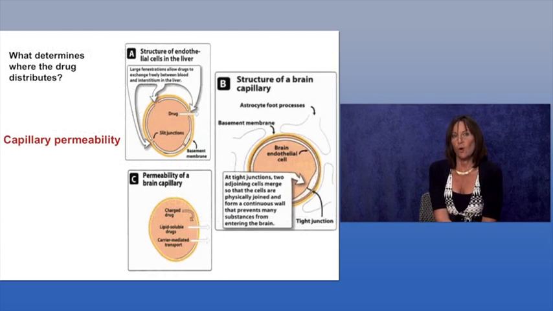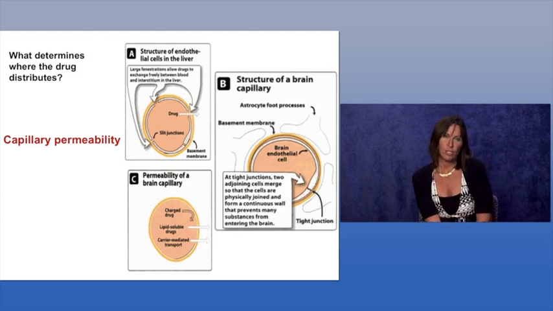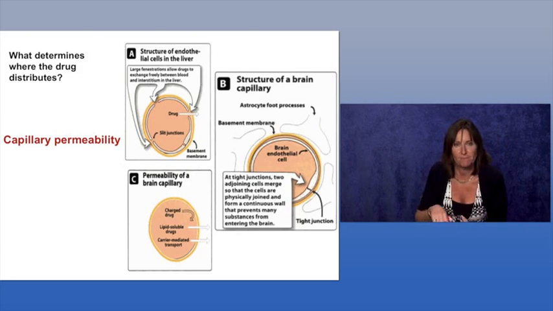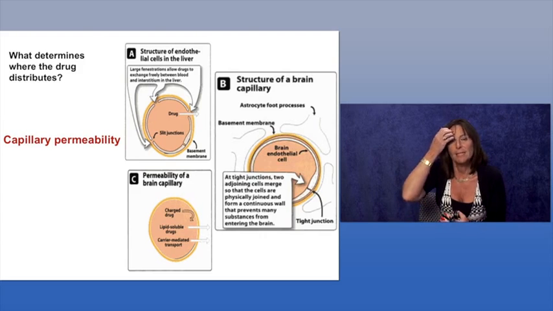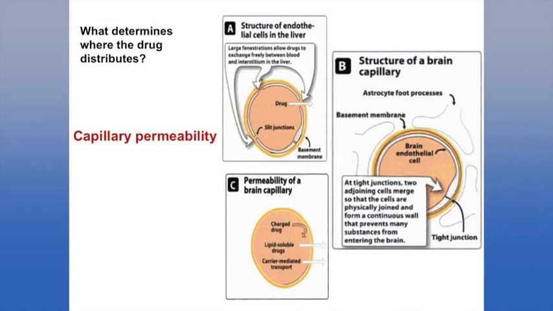So let's first of all talk about capillary permeability. You have 3 panels on this slide. Let's first of all start with panel A. In panel A, we are showing you the structure of an endothelial cell in the liver. The real appeal of the endothelial cell in the liver is that it has large fenestrations, which I think we can see here.